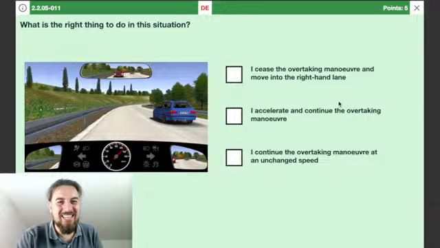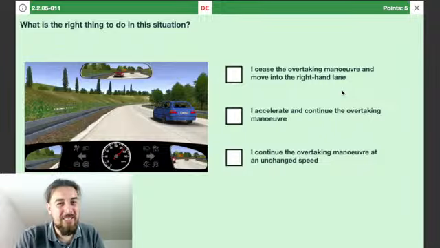Okay, go to the question. What is the right thing to do in this situation? I abort the overtaking maneuver and move into the right-hand lane. I accelerate and continue the overtaking maneuver. I continue the overtaking maneuver at an unchanged speed. What do you do?